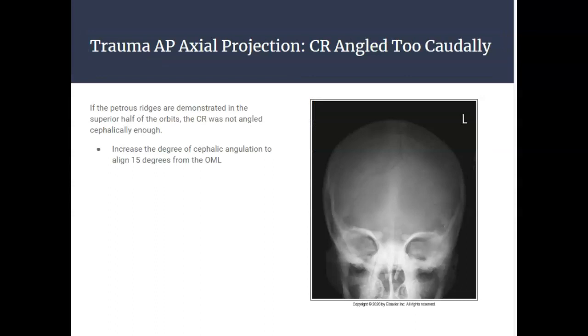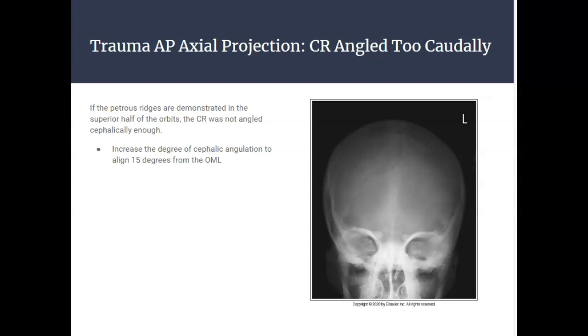This is a demonstration of just the opposite. Trauma patient, AP axial projection with the angulation too caudal. This causes the petrous ridges to be demonstrated in the superior half of the orbits.